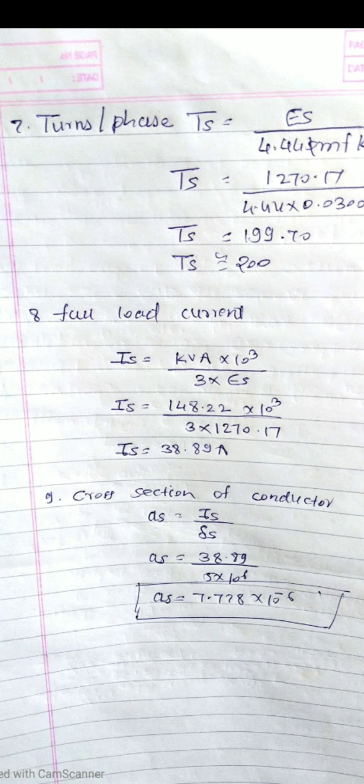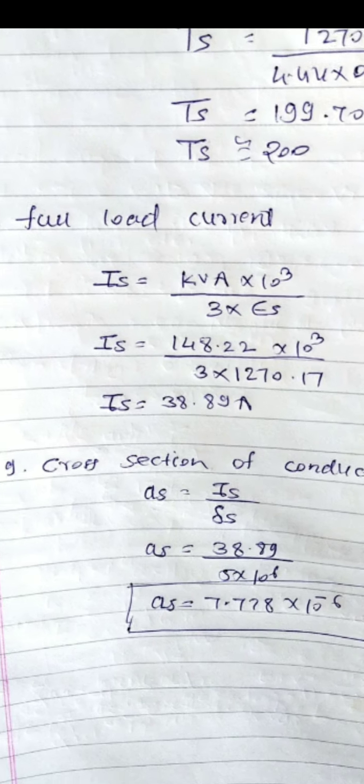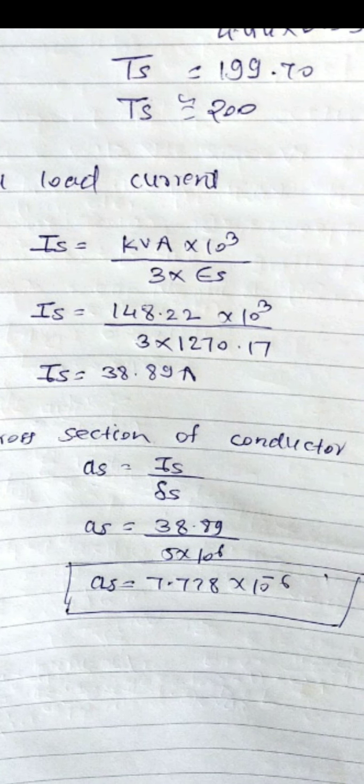AS is equal to IS divided by current density. Put the value: IS is 38.89 divided by current density 5 into 10 raised to 6. Calculate, and the cross section of conductor becomes 7.778 into 10 raised to minus 6.